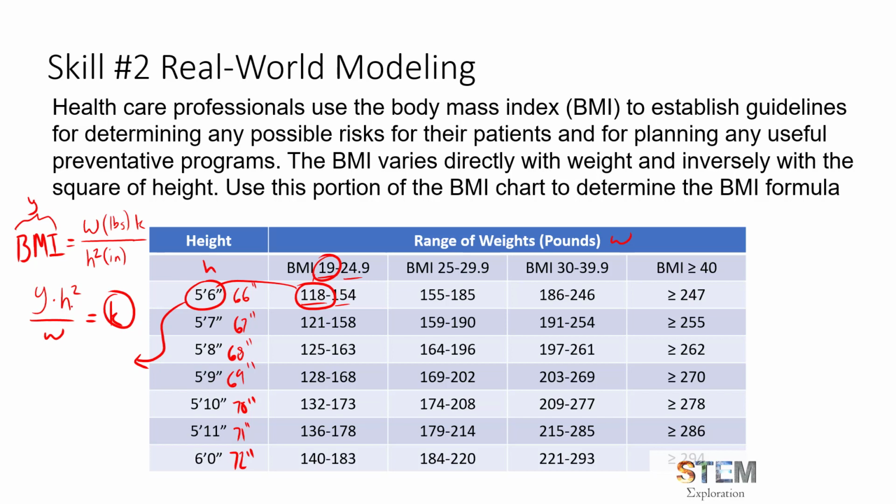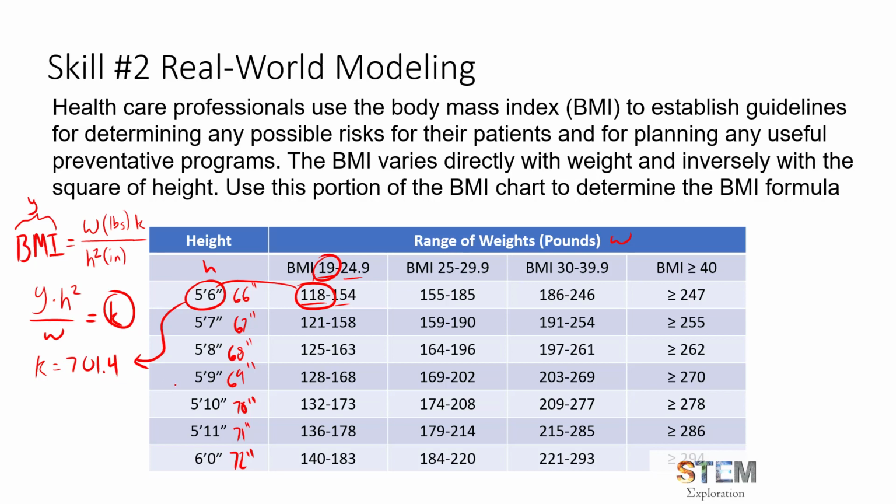And I'm going to times it by 66 twice, times 66. And then I'm going to divide it by the pounds that the individual is. All right. And I'm going to get a K value equal to 701.4, rounded to the tenths place.